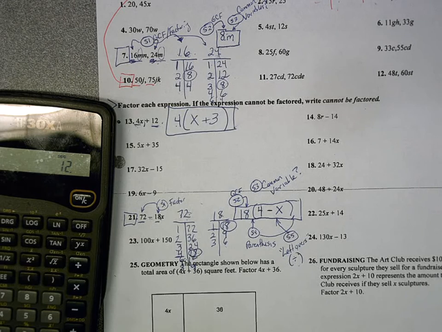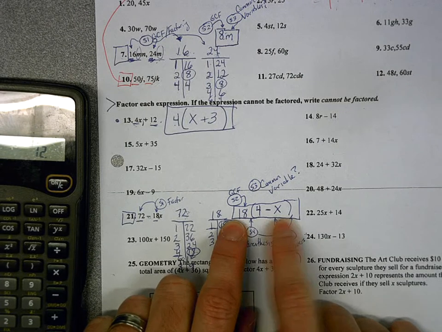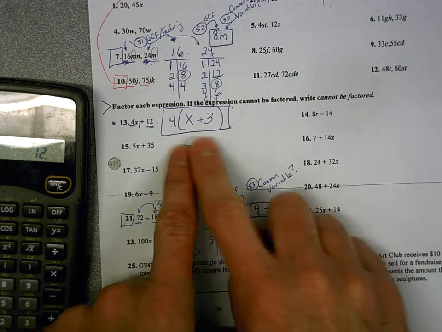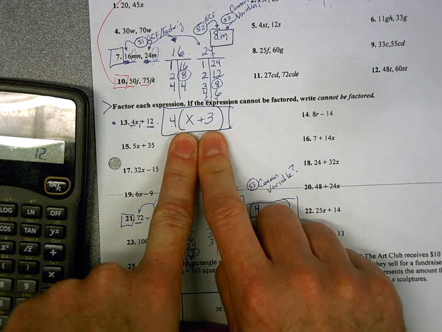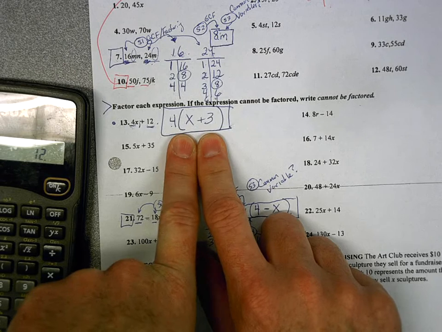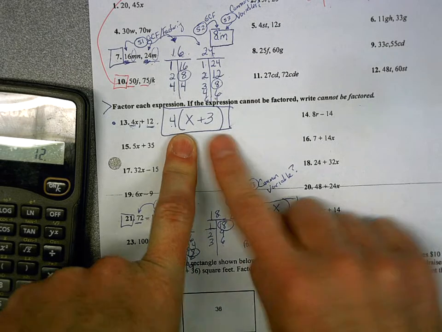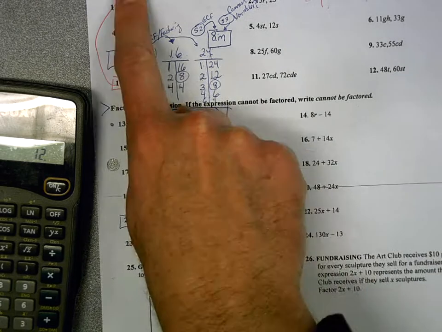Before I let you try one, I want to ask you, if you were to see this problem here, or even this problem here, as a math problem, and it said to simplify, which strategy would you use to simplify that? Distributive property. Ladies and gentlemen, factoring linear expressions, you know what it is?